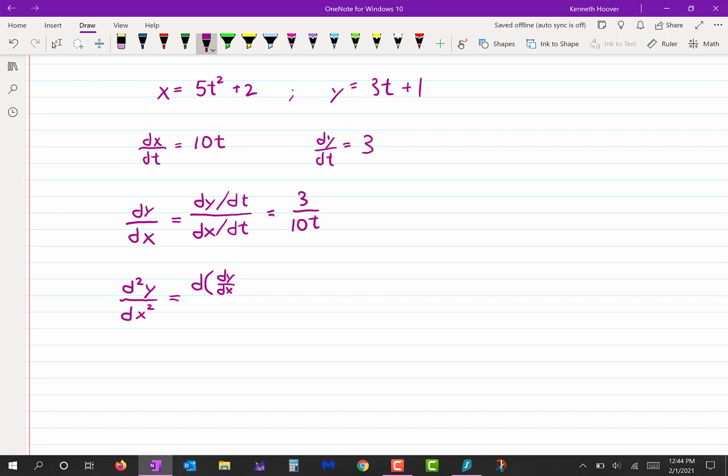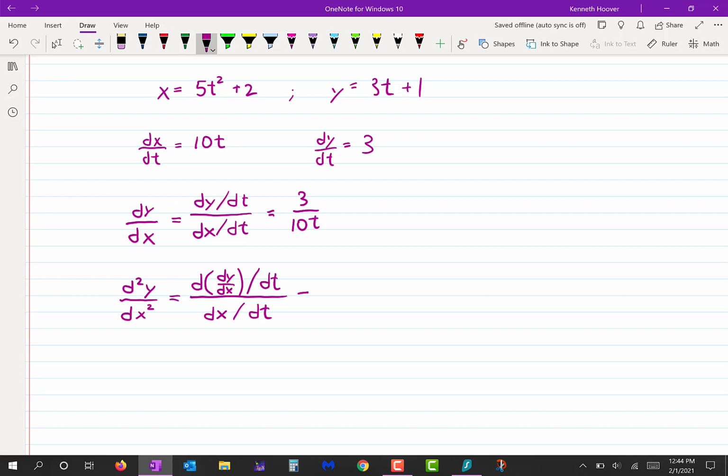We take the derivative of that with respect to t. So in other words, the derivative of this with respect to t. Okay? And then we divide that by the derivative of x with respect to t, which I already calculated above.